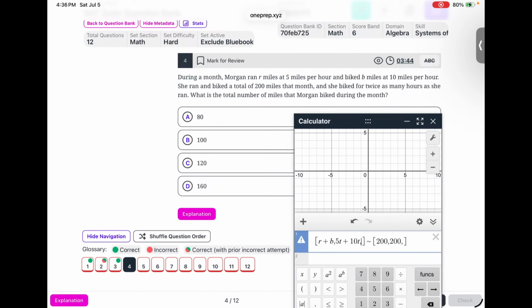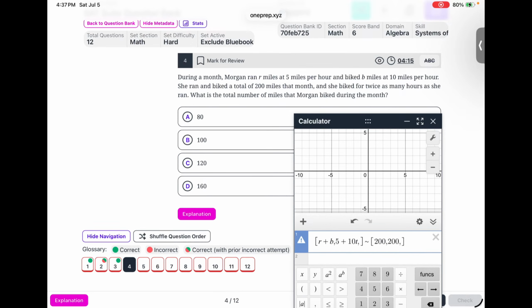They don't give us the amount of hours. Well, we have to say hours ran and hours biked, basically. So we have to do T ran. How do I put in a subscript? Fine.